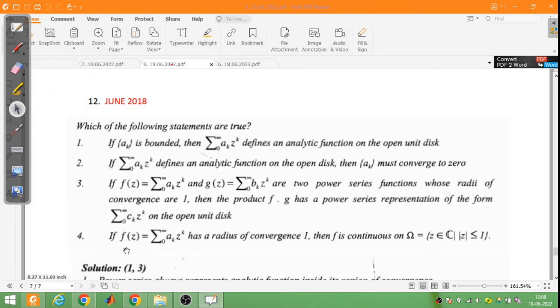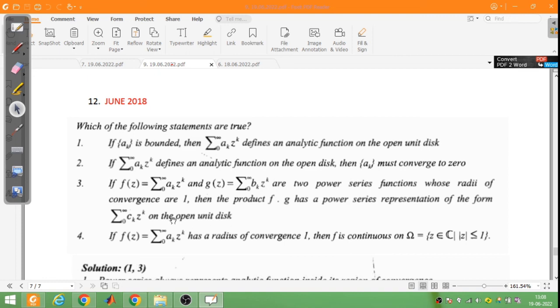Okay. How to match the property here? Do you understand how to match that property and how to choose that answer? Those things are very important. Properties are well known, but how to match the property here is very important. You have to understand all the words. This is an open unit disk.